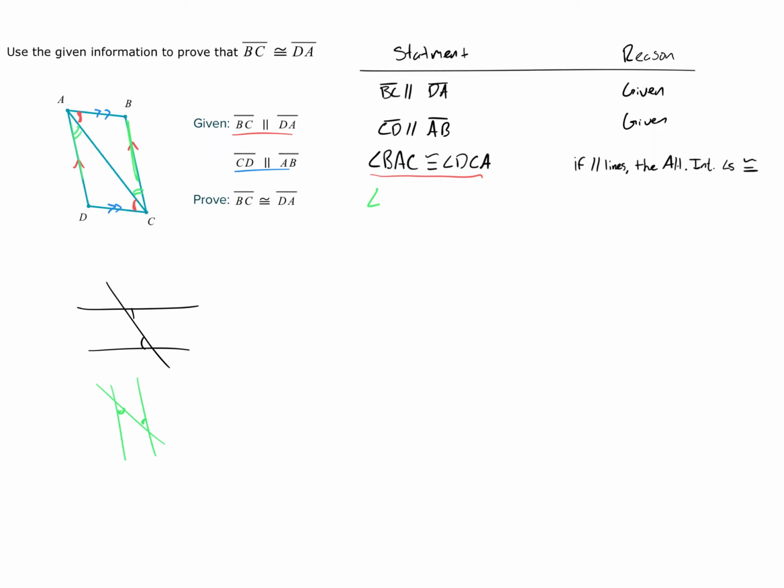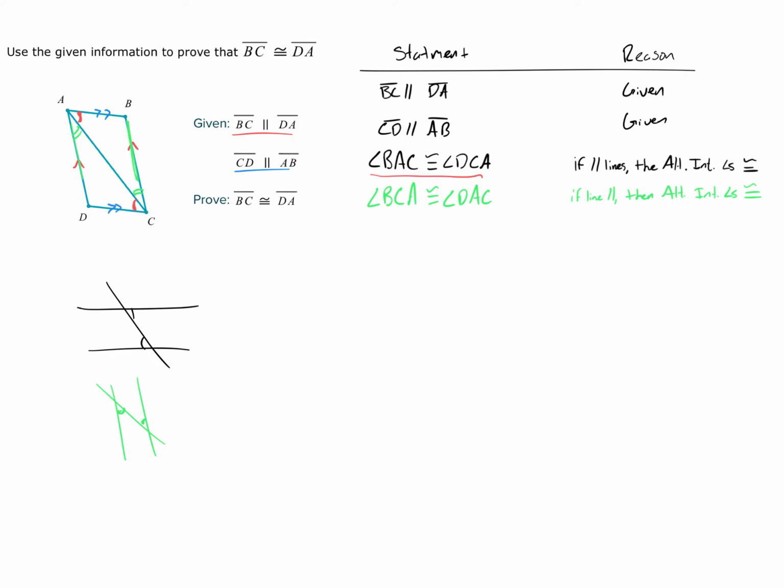So I'm going to say angle BCA is congruent to angle DAC. And it's still that same thing. I think it's if lines parallel, then alternate interior angles are congruent. Thankfully for you, you have a drop-down menu.